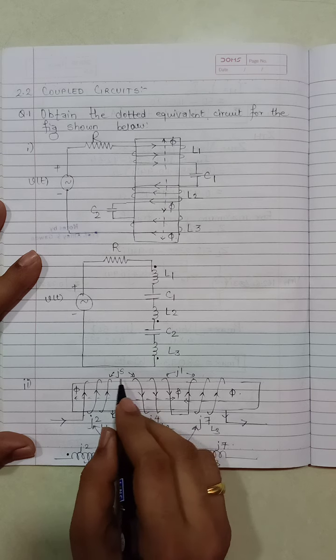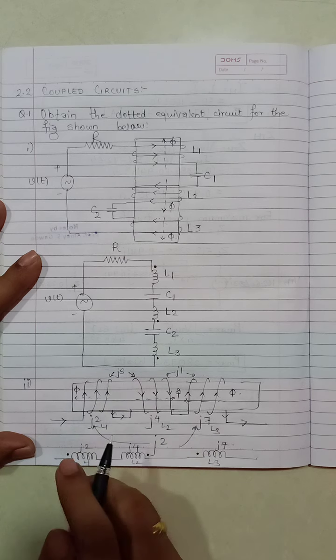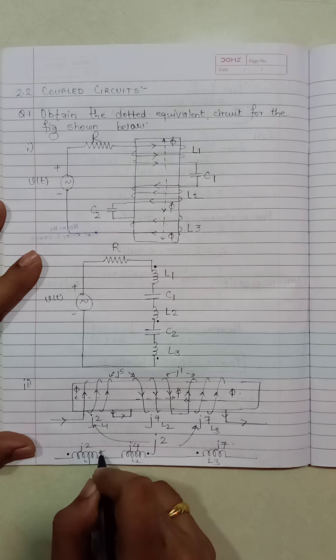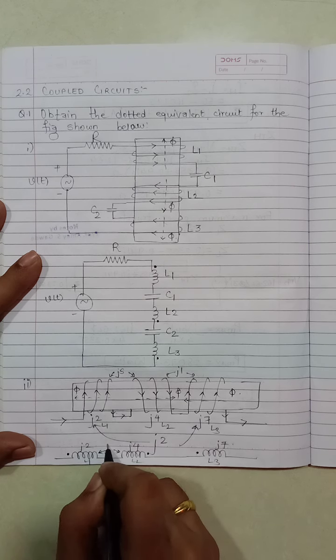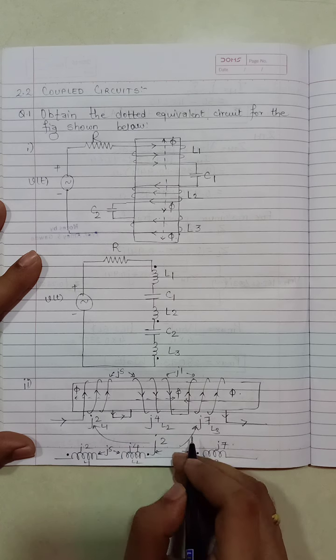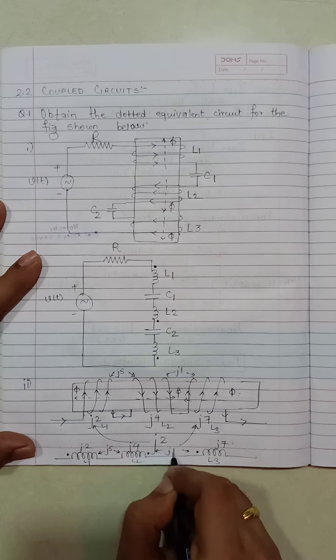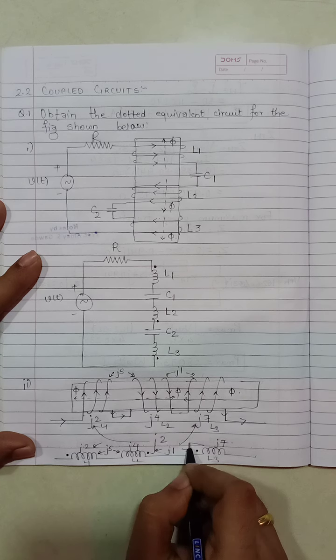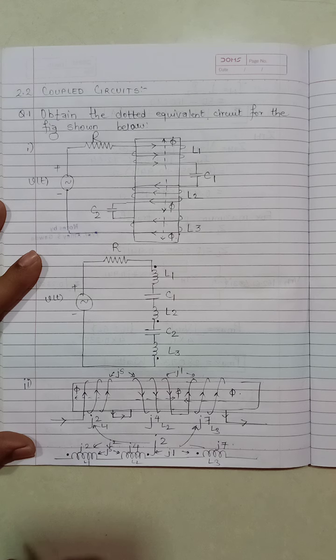Now the mutual inductance is given as J5 between these two, so we put an arrow and write J5. Between this and this it is given as J1, and between first and last it is given as J2. So this is how we make the diagram.